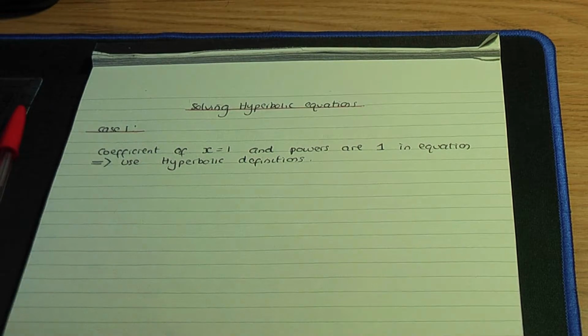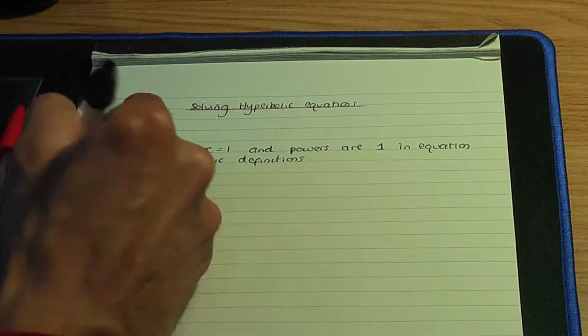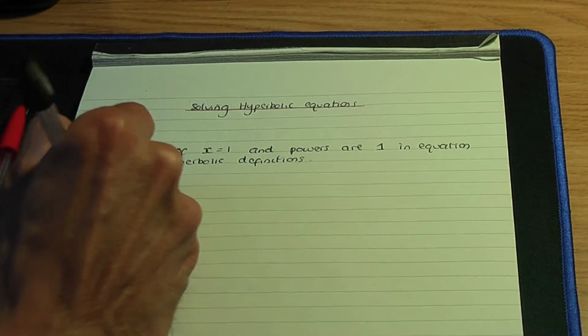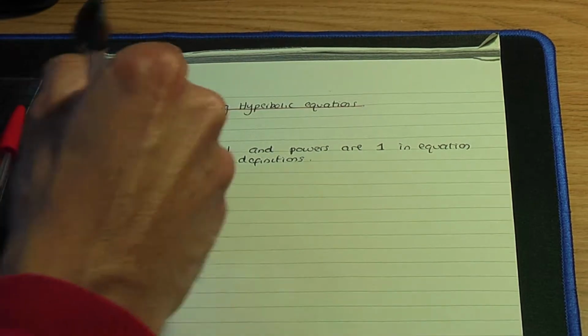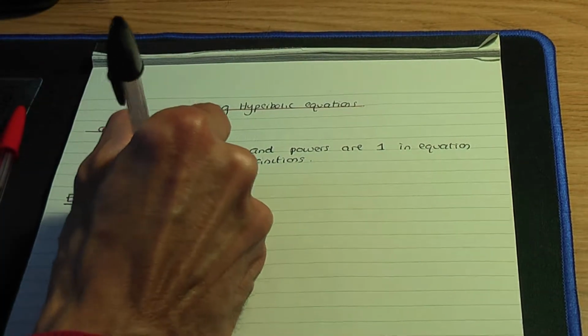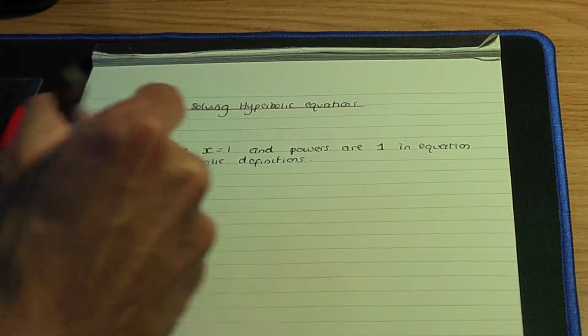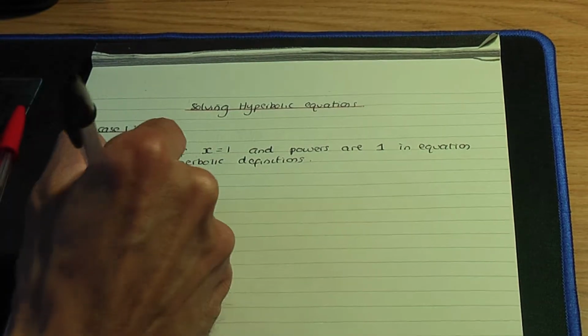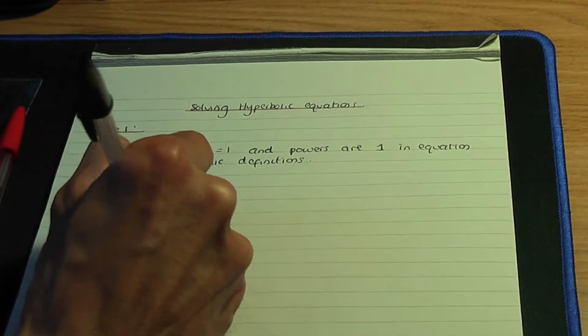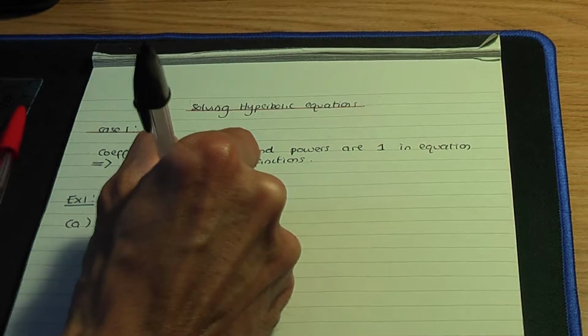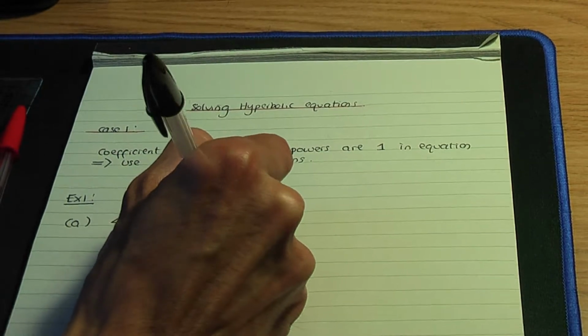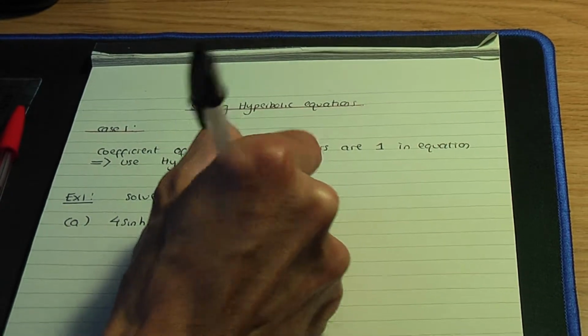So let me show you with the aid of an example. Example number 1 is to solve, and we're going to solve this equation here in part A: 4 hyperbolic sine x minus 3 hyperbolic cos x is equal to 5.